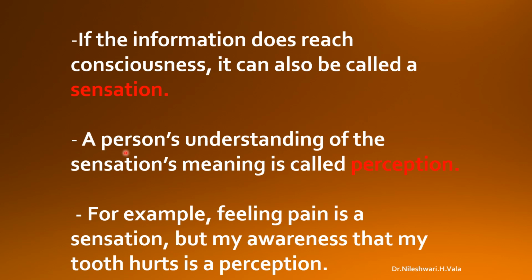A person's understanding of the sensation's meaning is called perception. For example, feeling pain is a sensation, but my awareness that my tooth hurts is perception. So what is sensation and what is perception?